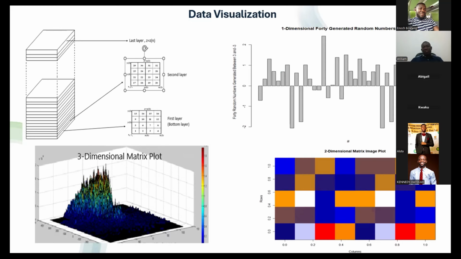So at this stage, I will exit this slide and we go to the application and see how we can write the syntax to visualize the various data we can have.